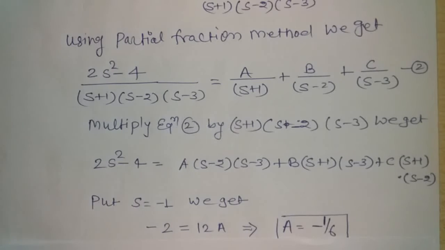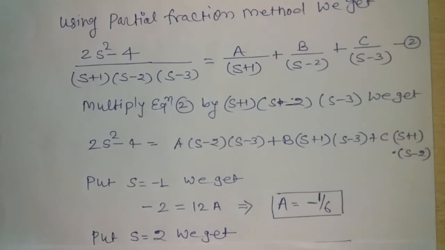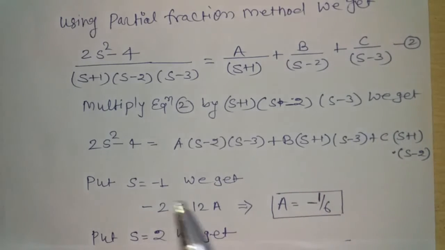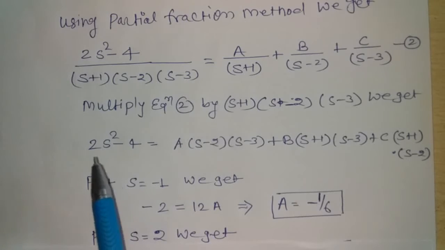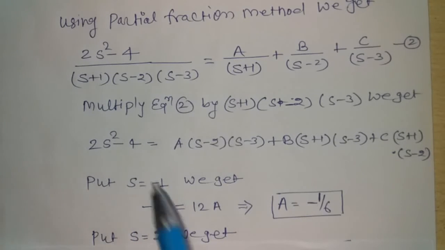Now we put s equal to 2 in this expression. Then two of the expressions become 0. On the left hand side, when we put s equal to 2, we get 2² is 4, 4 into 2 is 8, 8 − 4 is 4.